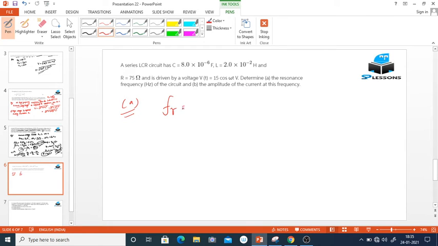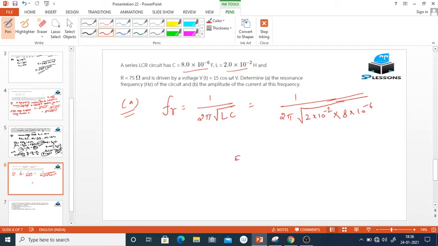Directly, we can use the formula for the resonating frequency: Fr equals 1 upon 2 pi root LC. Putting the value of L and C, we get 1 upon 2 pi. L is given as 2 into 10 to the power minus 2, multiplied by the value of C, which is given as 8 into 10 to the power minus 6.